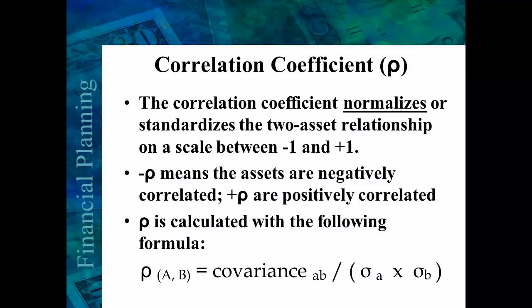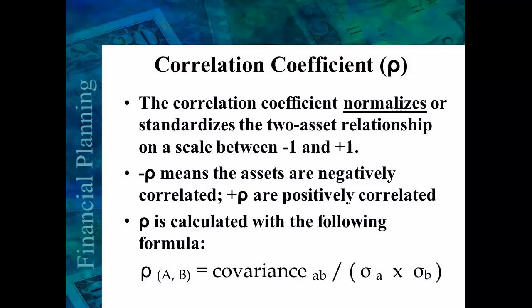The correlation coefficient normalizes or standardizes the two asset relationship on a scale between -1 and +1. Normalizing a number on a scale is much easier to comprehend than visualizing and trying to grasp something like minus 0.0232 covariance. A negative correlation coefficient means the assets are negatively correlated.